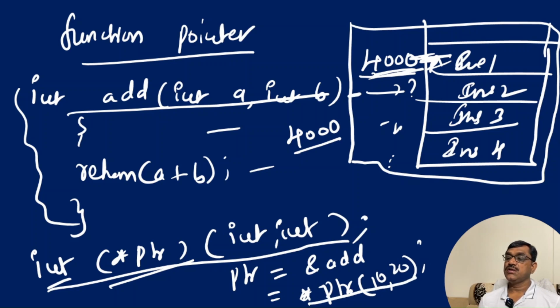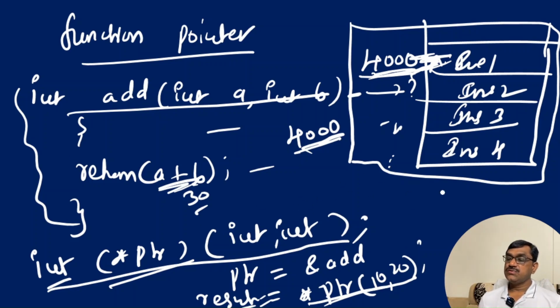This is the way of calling a function add. What is there in ptr? 4000. Star of 4000, again 4000, means we are going for the function here. Okay, and it is going to return some sum of a and b, means 30 it is going to return. To store this return value, we are using some variable result. This is the way of using function pointers and calling the functions.